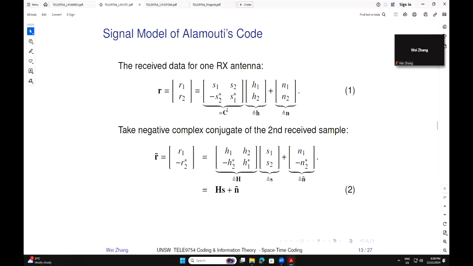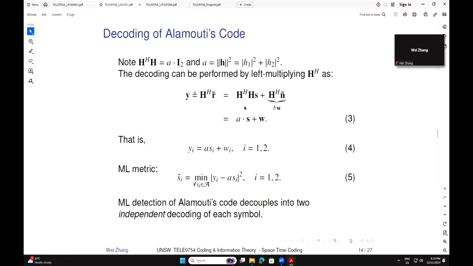That's why in the second row you see the star. That is the conjugate. So this is a complex orthogonal code matrix, and this channel matrix here is also a complex orthogonal matrix. Orthogonal means that this matrix left multiplied with its Hermitian gives the identity matrix.